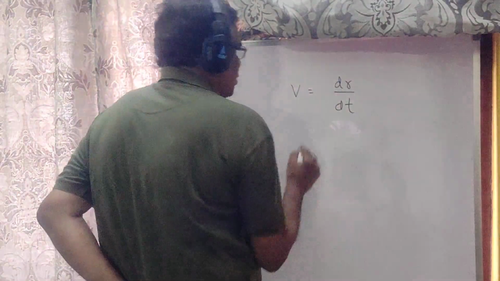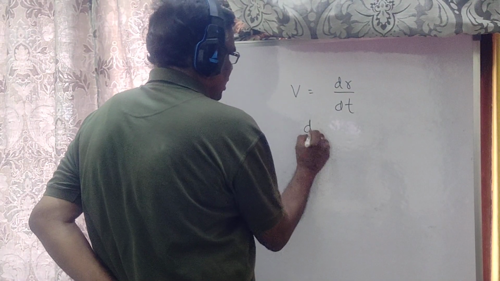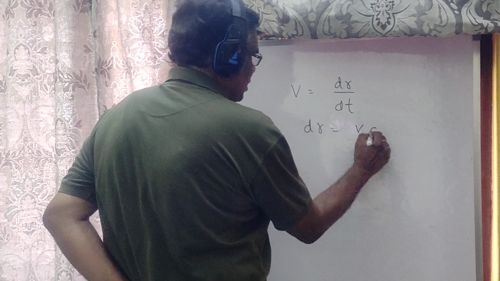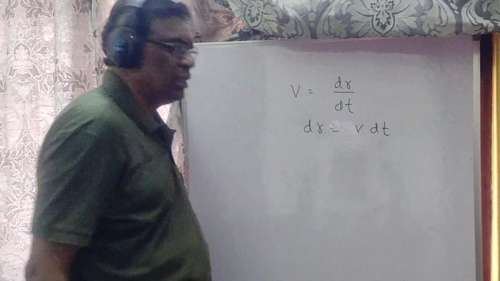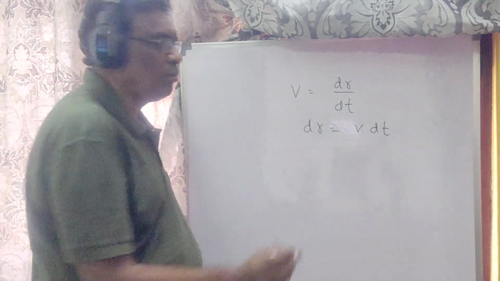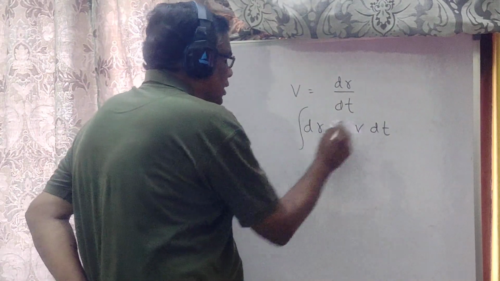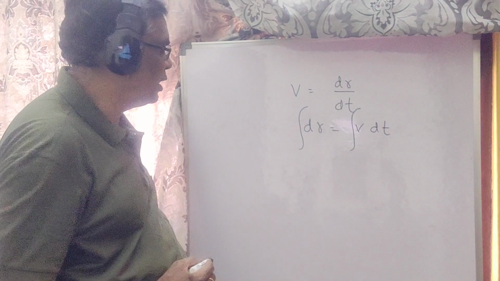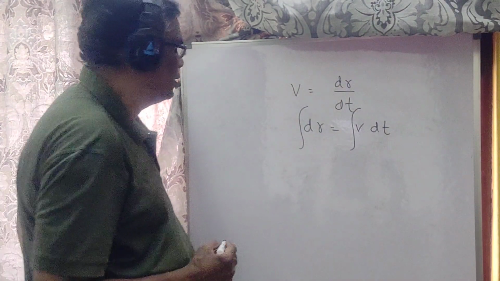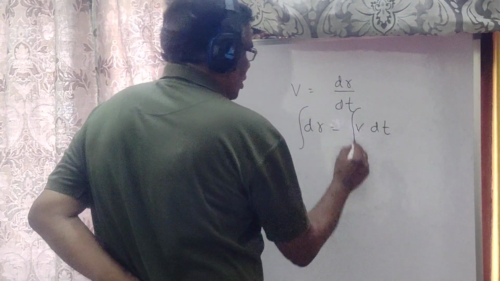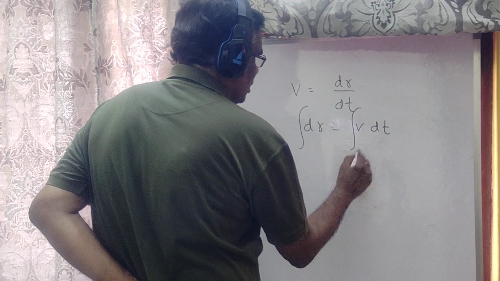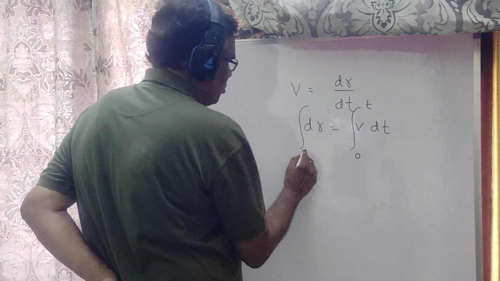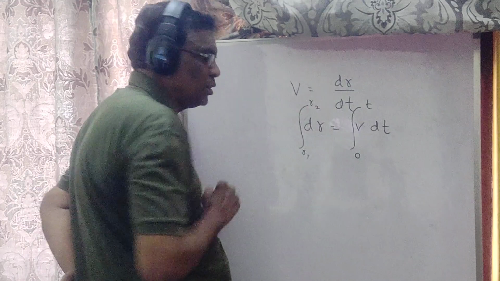Now, when I write v is equal to dr by dt, I can rewrite this as integral dr is equal to v dt. And I integrate it on both sides. Now, I will write say 0 to t. This may be r1 to r2.